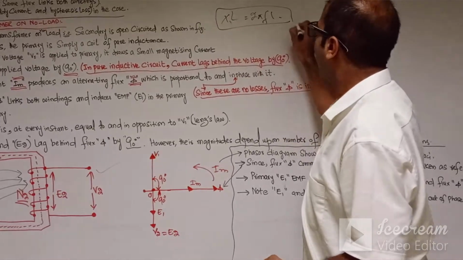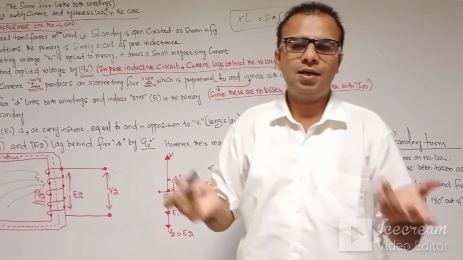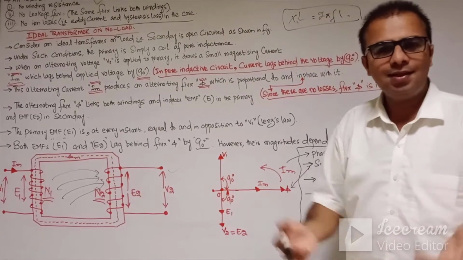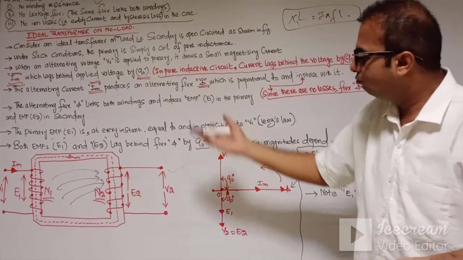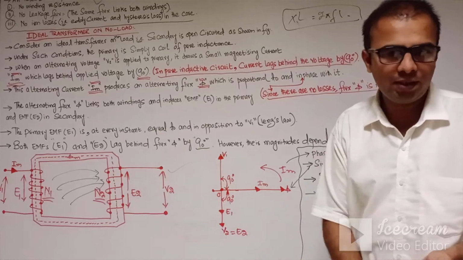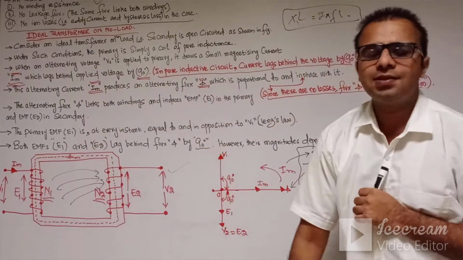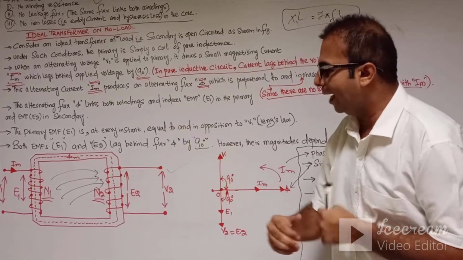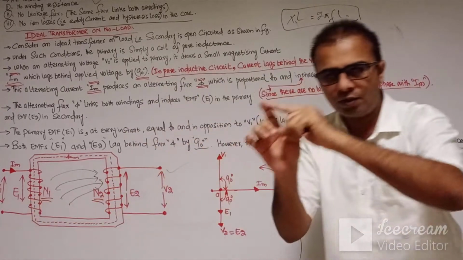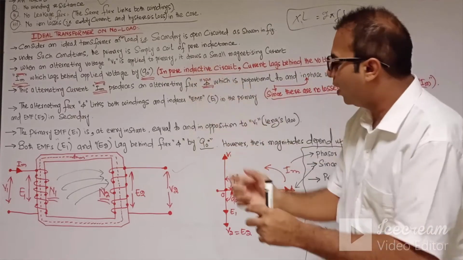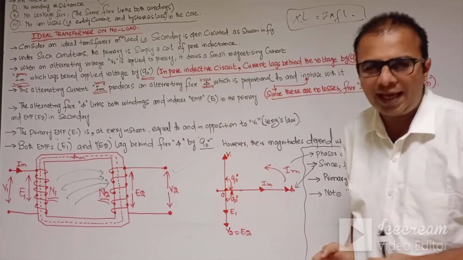Pure inductance means we are just considering the inductive reactance, and the resistance is negligible. When an alternating voltage V1 is applied to the primary winding of the ideal transformer, it draws a small amount of magnetizing current.